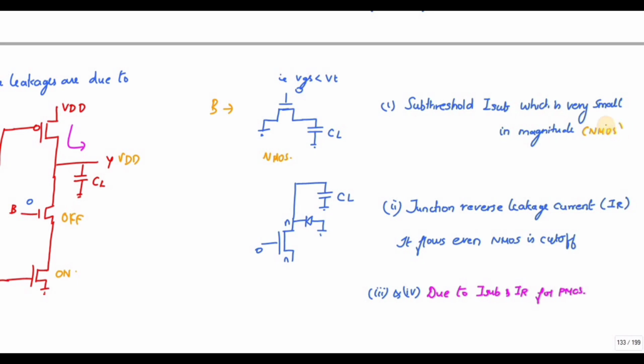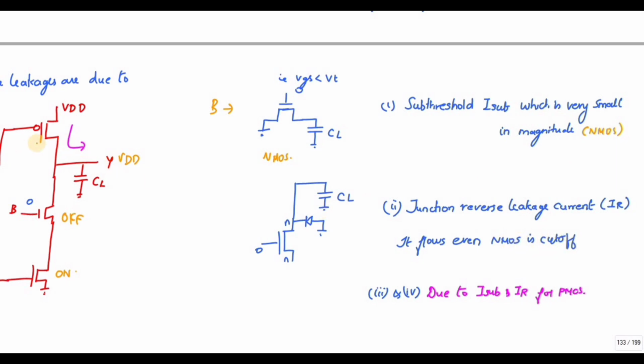Next, you have N type and N type with a P type bulk. So this is an NP junction, and here I have connected a positive value, so this leads to a junction reverse leakage current. It will flow even when the NMOS is in the cutoff region.